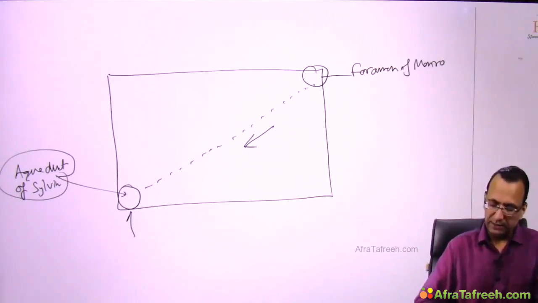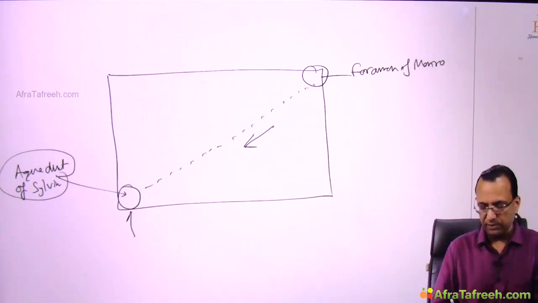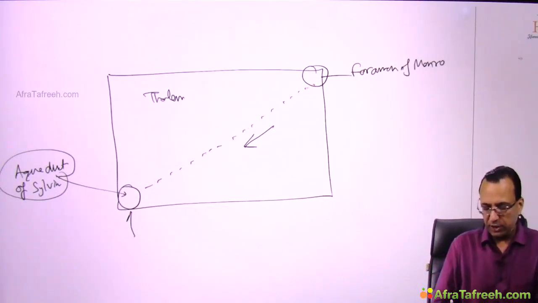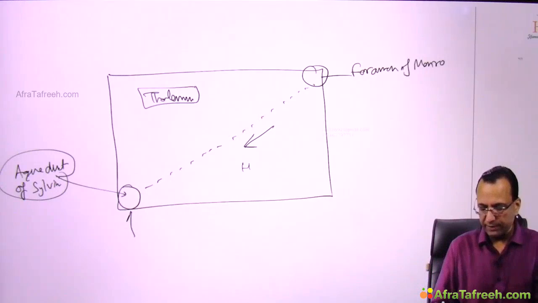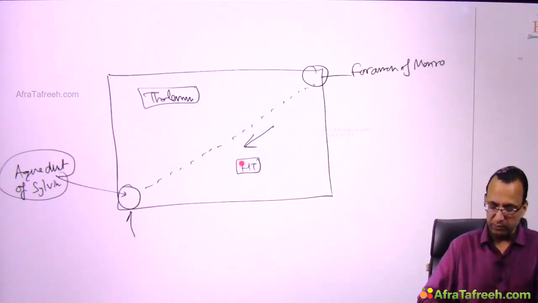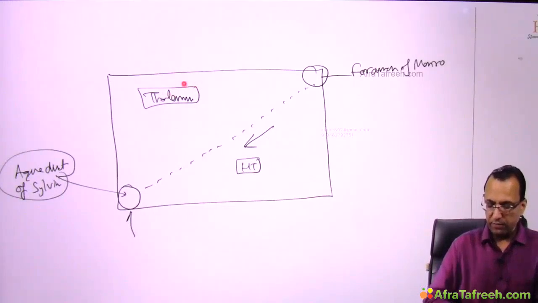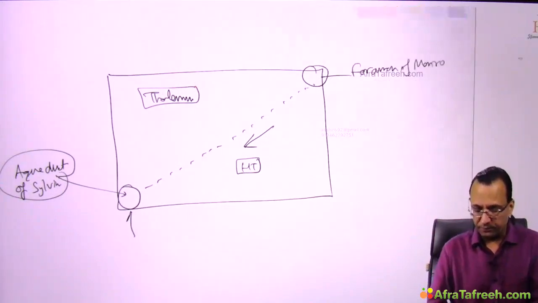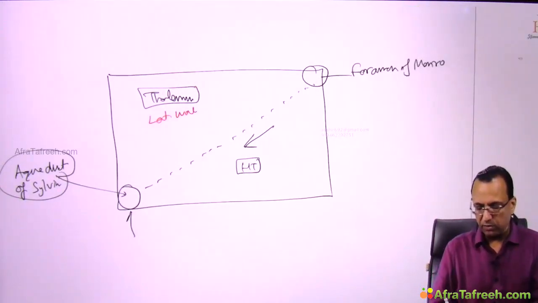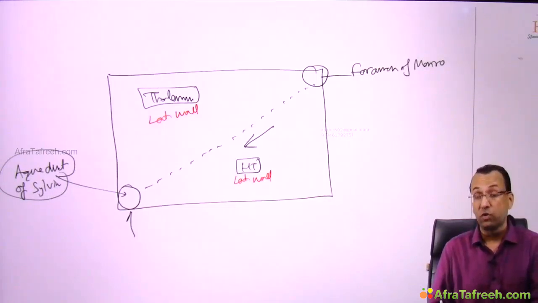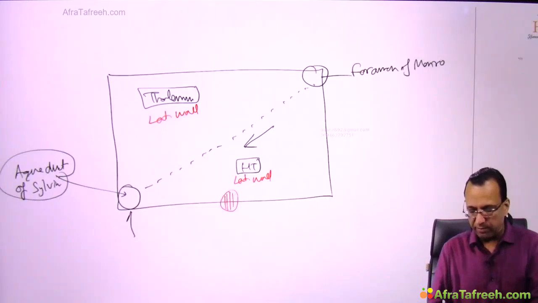As the CSF runs downward like that, it separates the thalamus above and the hypothalamus below. Hypothalamus and thalamus, both of them are lateral wall of the third ventricle. But hypothalamus is not only lateral wall, it is also floor, giving the mammillary body and the tuber cinereum.